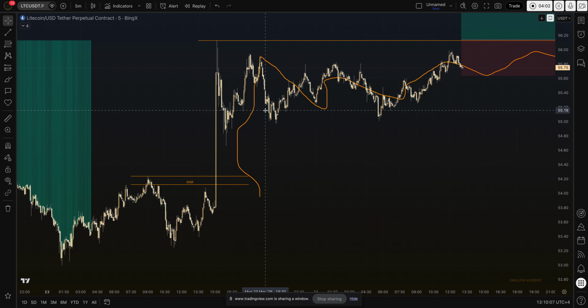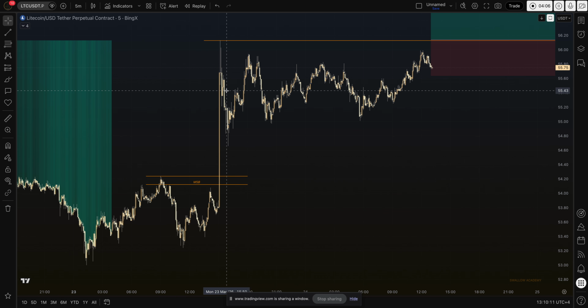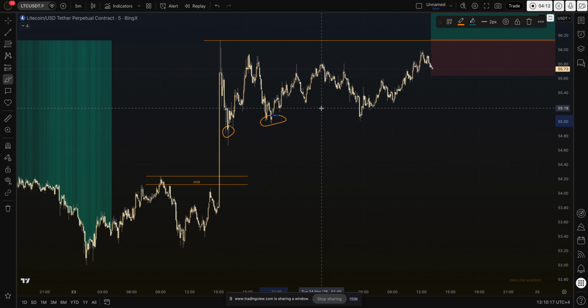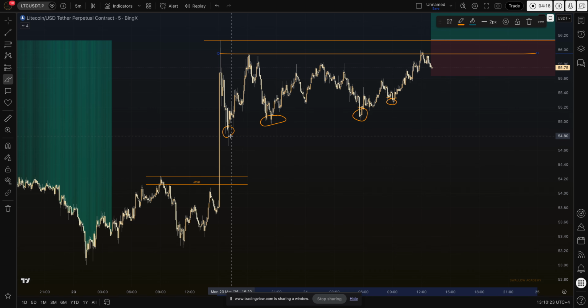So, okay, that looks funny. As mentioned, we've been forming some kind of lower low, higher low, higher low, higher low pattern here.